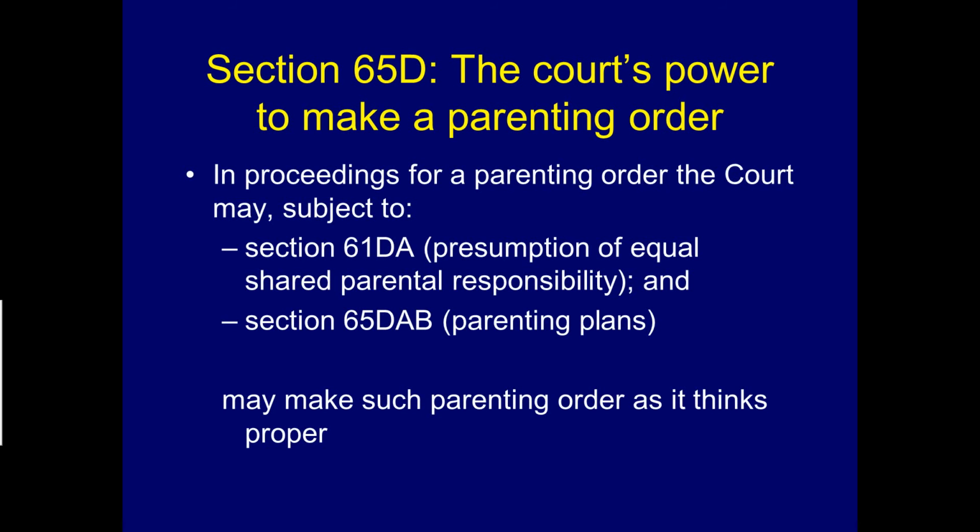Now, that won't make any sense at the moment, but it will by the end of this module. Also, any parenting order the court may make can be subject to a previous parenting plan if the court thinks that's in the child's best interest.